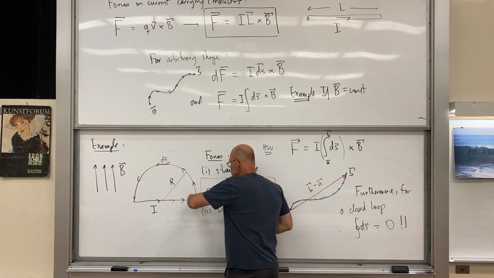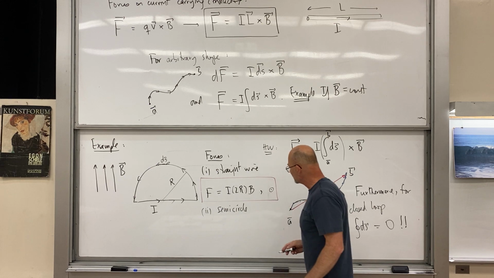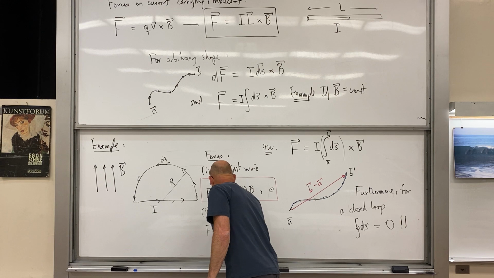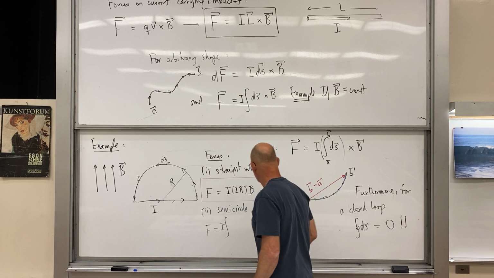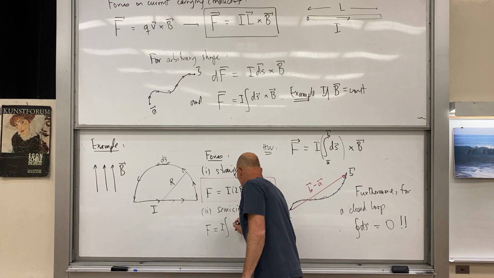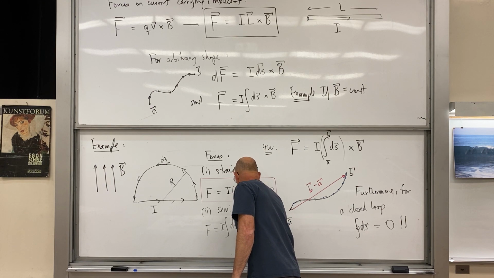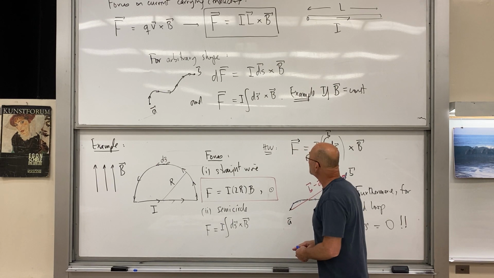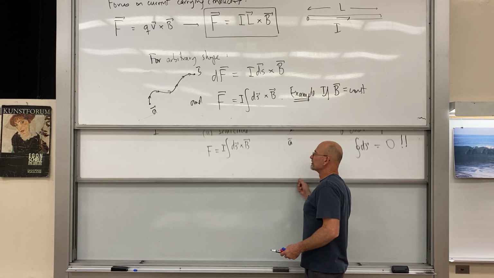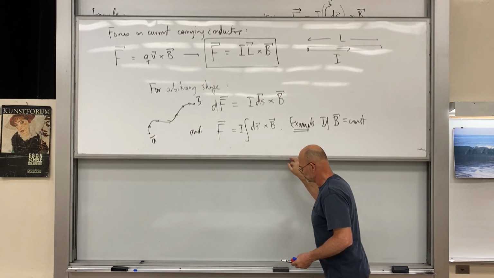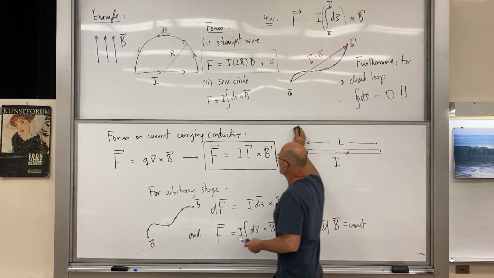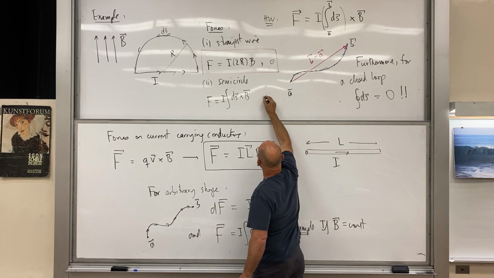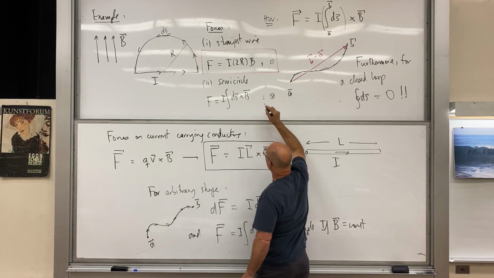So the contribution of this semicircle is into the board, and the force here will be this integral I ds cross B. B is constant. So we know that the direction is into the board.